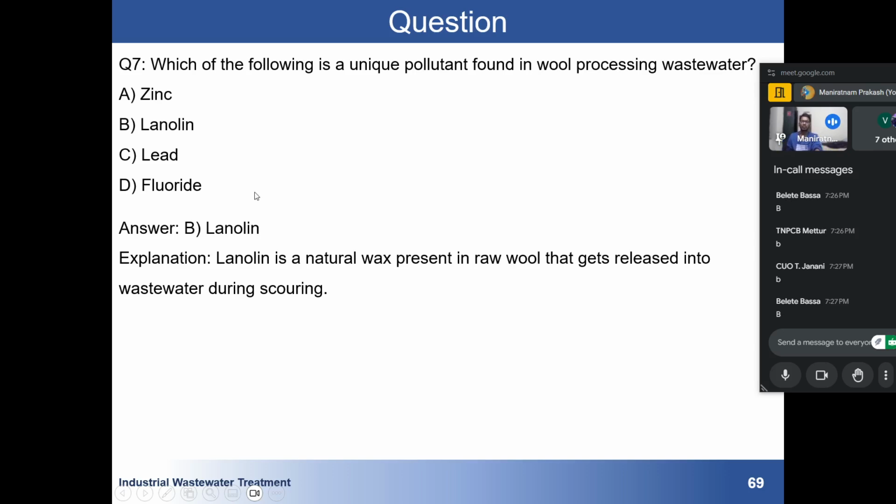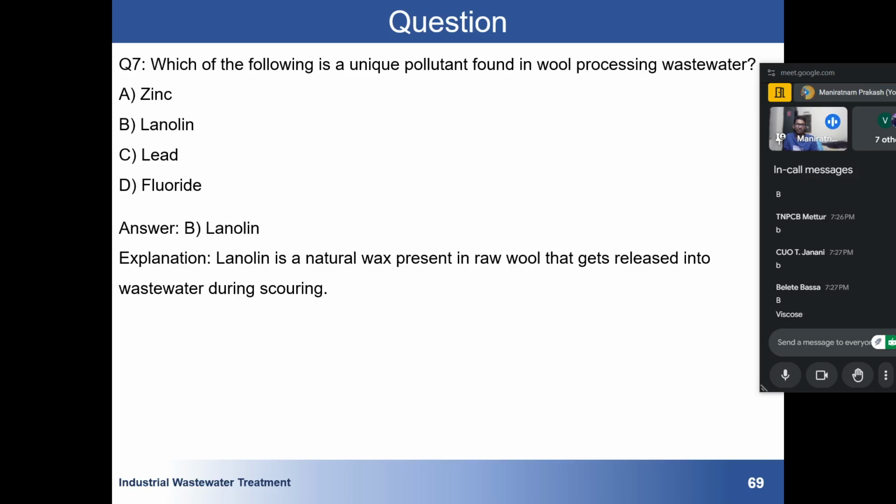Fluoride, phosphate, lead, zinc, you can see the sources of these pollutants. Zinc we have seen. Can anyone say where this zinc is produced? We discussed this question a few minutes ago.